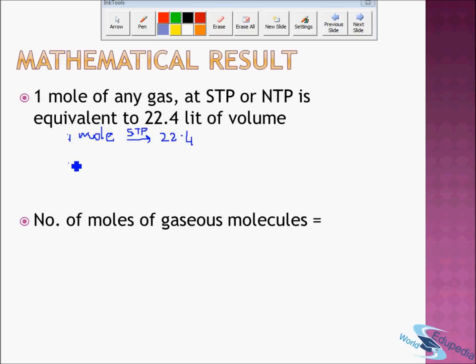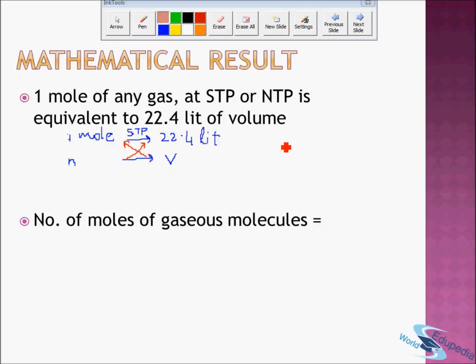So if I have some random number of moles, say n moles of molecules, it will occupy a volume equal to V liter. So n mole occupy V liter volume and 1 mole occupies 22.4 liter volume. I have to find a relation between V and n. I can use the unitary method, I can simply cross multiply.